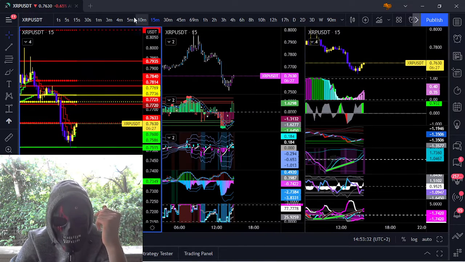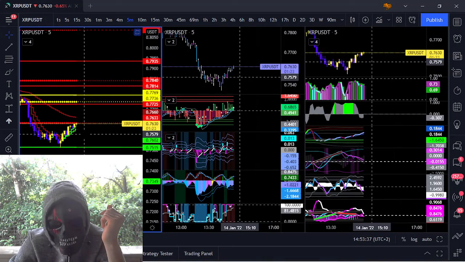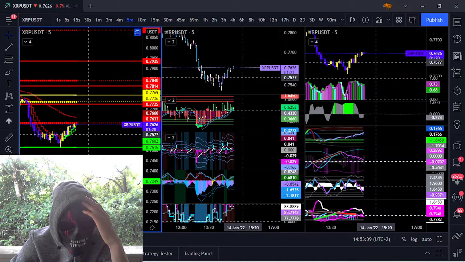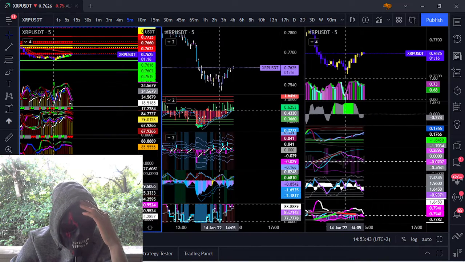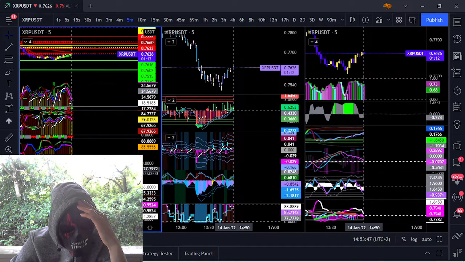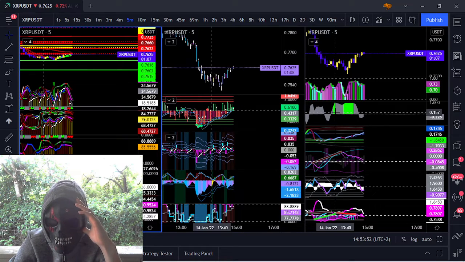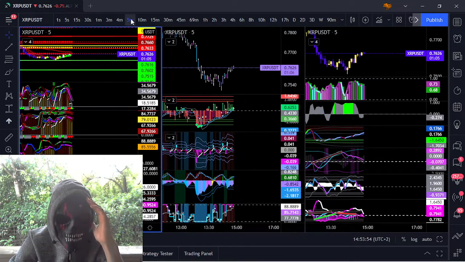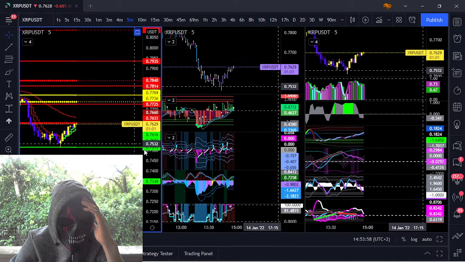Okay, because it is a little bit overextended, so we need some extreme volatility to get us to the mean here. Who's flat? This guy's been increasing. We're a little bit positively correlated. Looking a bit extended. Yeah, so I think for now we trade this range. We trade this range.